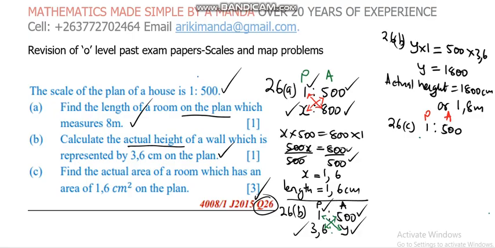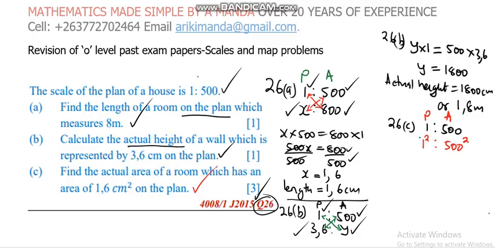But remember this, whenever the question talks about area, remember the question says find the actual area of a room, which is an area of 1.6 square meters on the plan. Take note, whenever they talk about area, before you work anything, square the ratio units. So we can safely say 1 squared is to 500 squared, because area is always given in squared units.